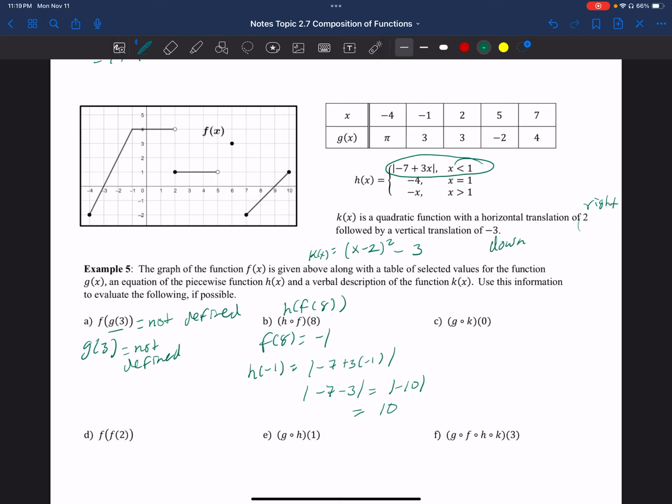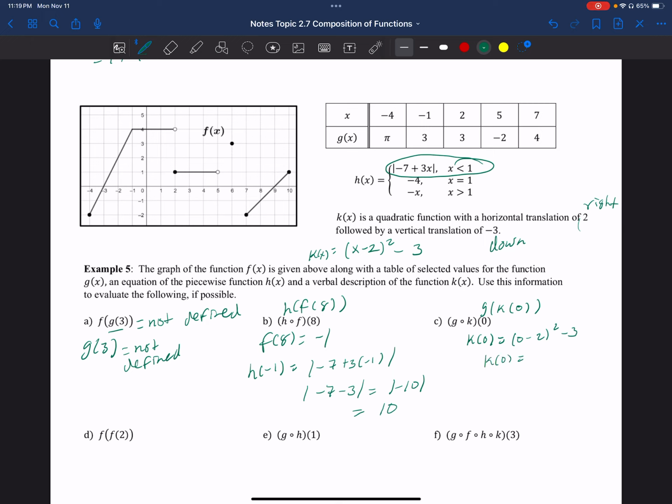Okay, for the next one, for C, I'm looking for g of k of 0. So I need to find k of 0 first. So that's going to be this equation for k with a description. So it's going to be 0 minus 2 squared minus 3. Well, that's going to give me 0 squared, which is 0, minus 3, which is -3.